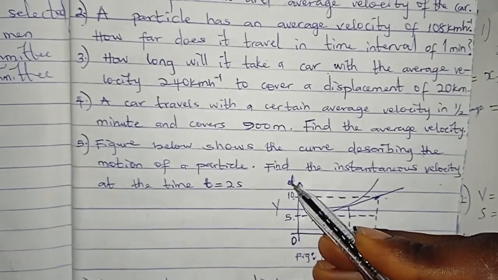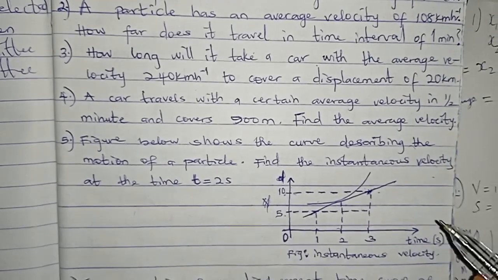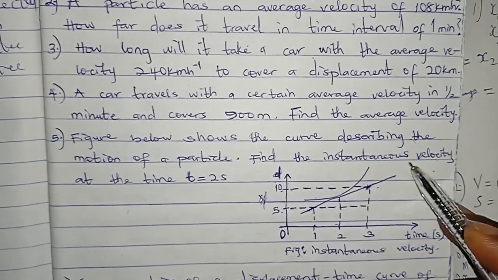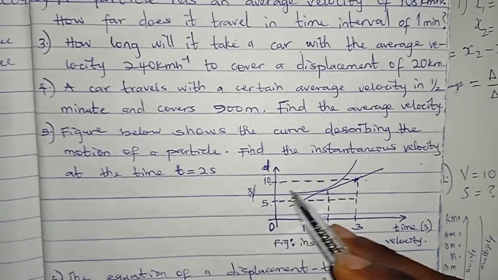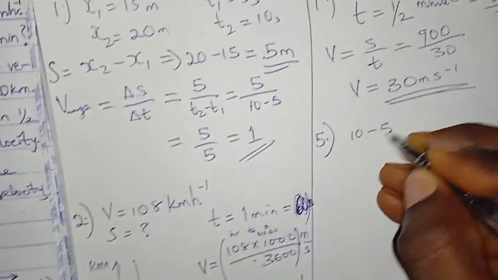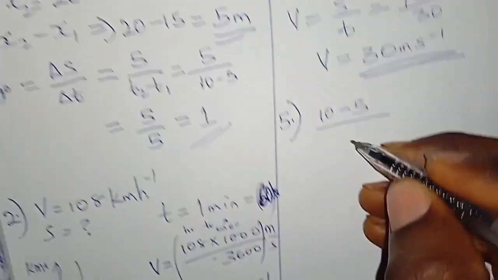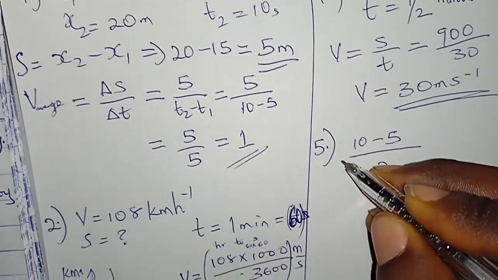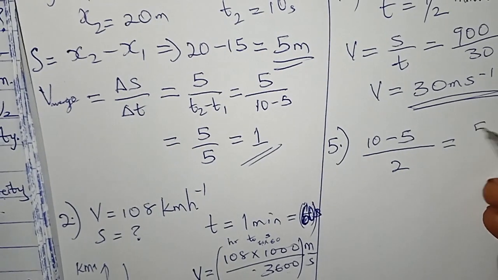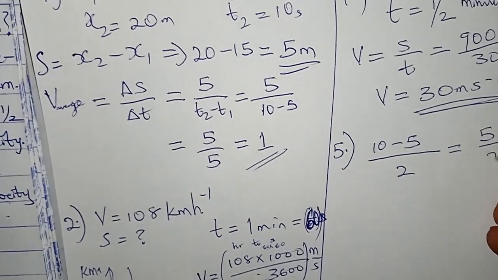So that means this is actually a displacement graph. Since d over t, displacement over time, gives you velocity, we're going to have 10 minus 5 all over a time of 2 seconds. So this is going to give me 5 over 2.